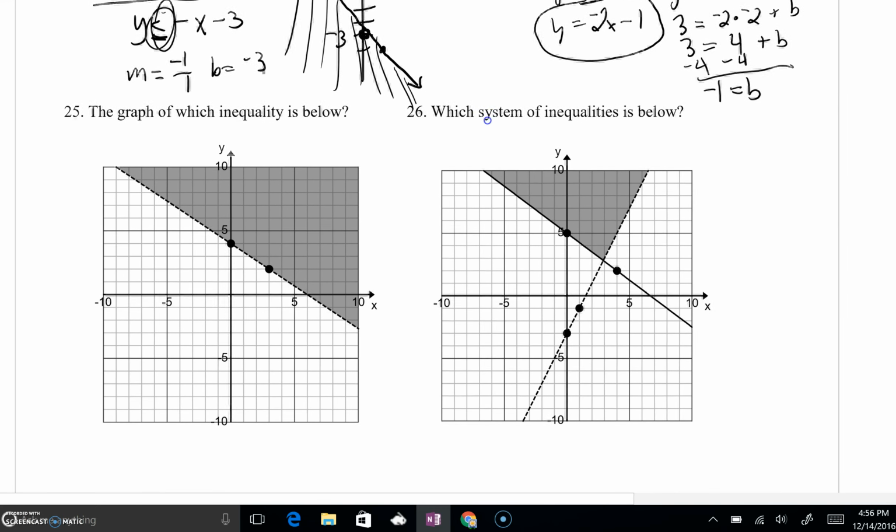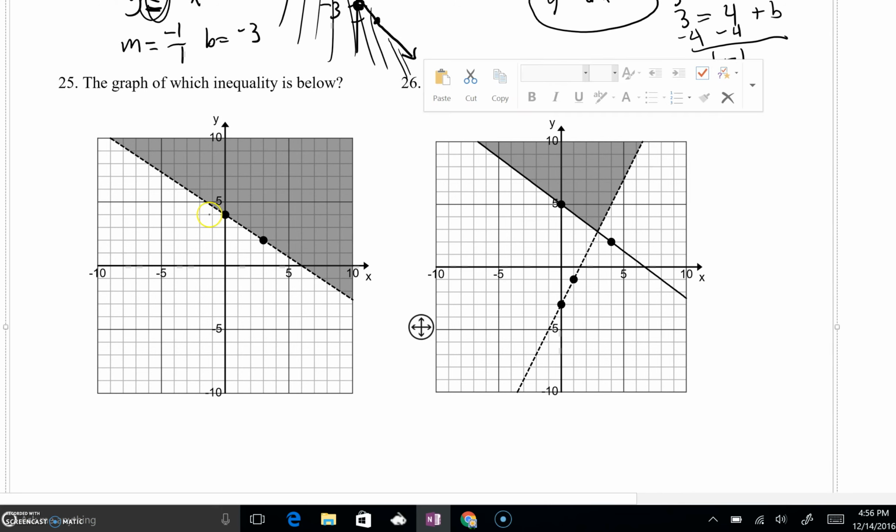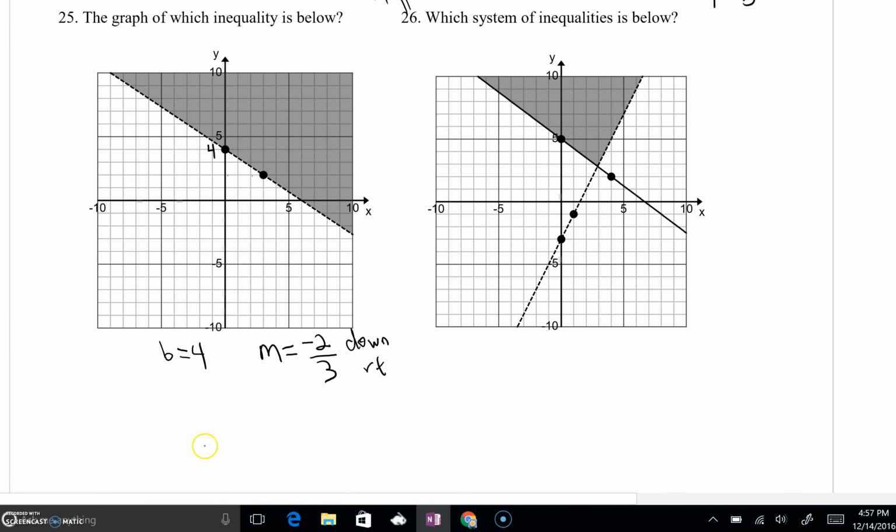So we look at number 25. You can see that we have a y-intercept of 4. You can see to get to this other point, we have to go down 2 steps and right 3. So our slope is down 2, right 3. And of course, we have y equals mx plus b.